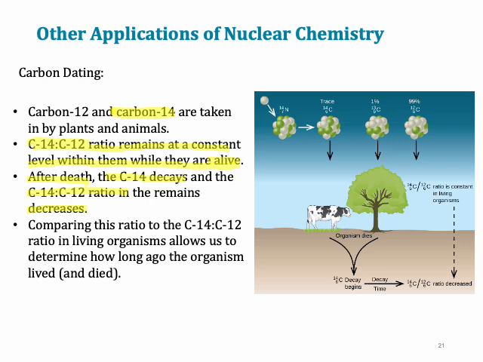By comparing the ratio the animal should have between 14 and 12 with the ratio the organism now has, that can tell us how long ago this organism died. So based on that, we can get the age of the sample, and that is exactly called carbon dating.